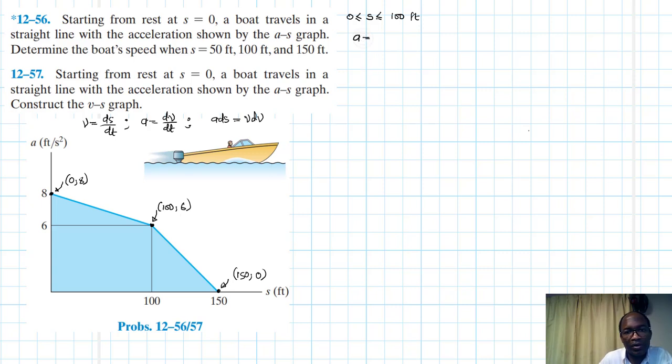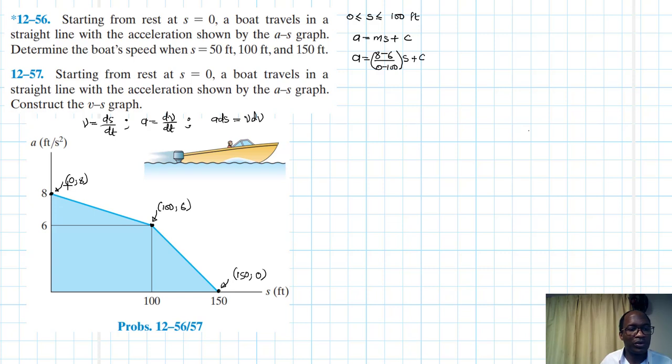So we have a = ms + c, where m is the gradient, so I'll say (8 - 6) divided by (0 - 100), then times s, then plus c.